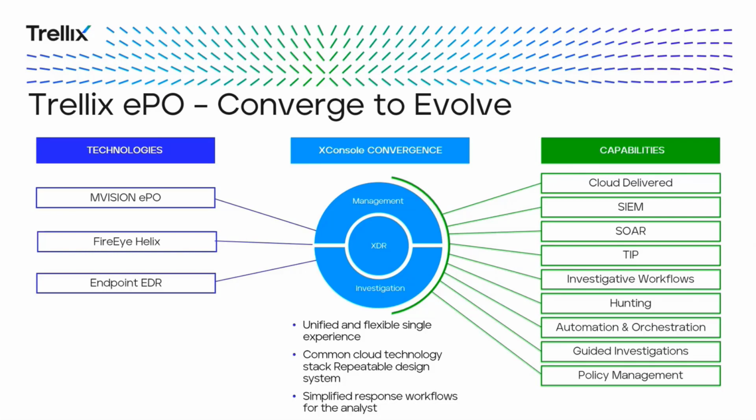So we will cherry pick these technologies and create a newer framework from an investigation and correlations perspective also, giving us the ability to deliver a really powerful XDR solution, which spans across the response, the threat intel, the investigative flows, the guided investigations, and also policy management, which is the core strength of EPO.